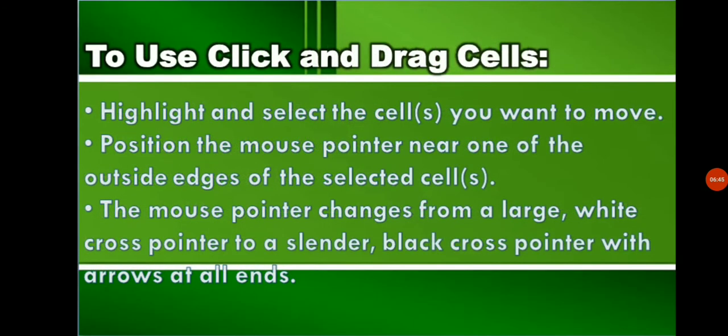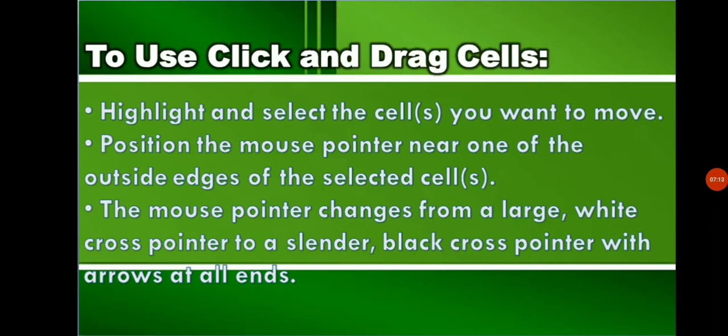Next is to use click and drag cells. Highlight and select the cells you want to move. Position the mouse pointer near one of the outside edges of the selected cells. The mouse pointer changes from the large white cross pointer to the slender black cross pointer with arrows at all ends.